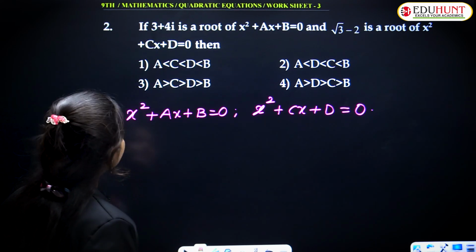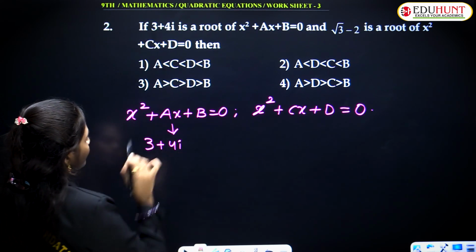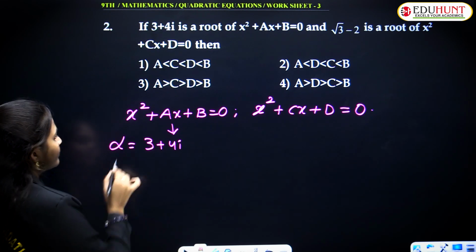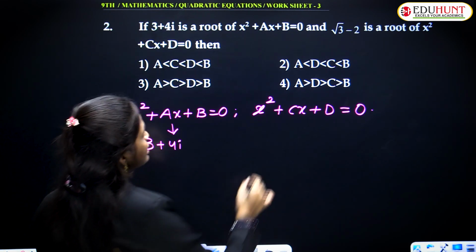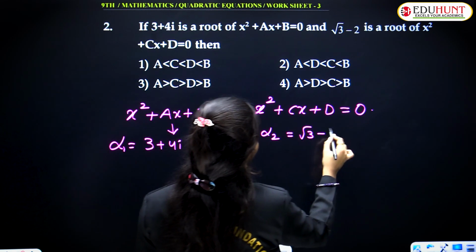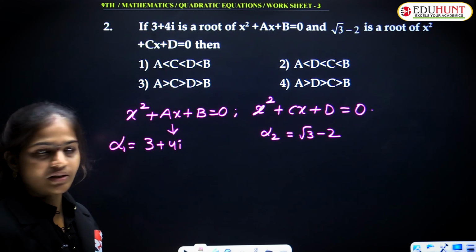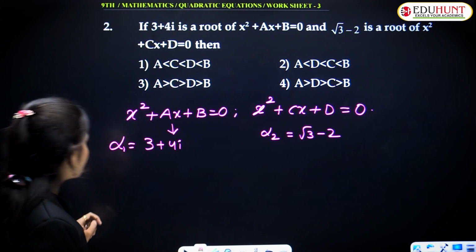So see here, the root is 3 plus 4i. One of the roots is 3 plus 4i. And here also one of the roots they gave, that is alpha 2, which is equal to root 3 minus 2. So that is the other root.